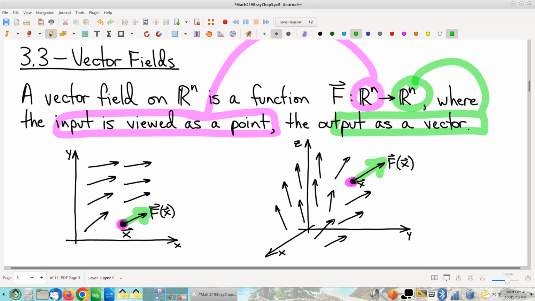And what we're going to do in the next section, 3.4, is we're going to preview a little bit of that. Now, most of the calculus of vector fields is going to be, well, that's kind of what vector calculus is about. Full discussion of that will come much later in this course. But a little bit of a preview in 3.4, hopefully later today.